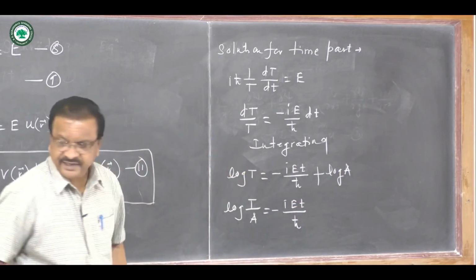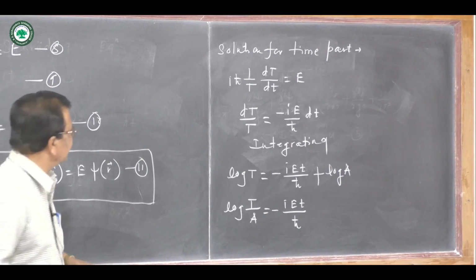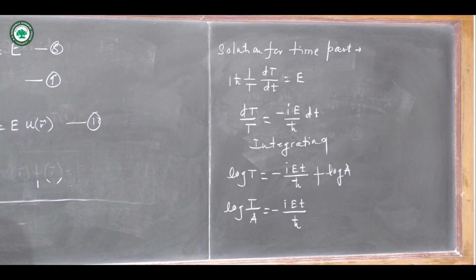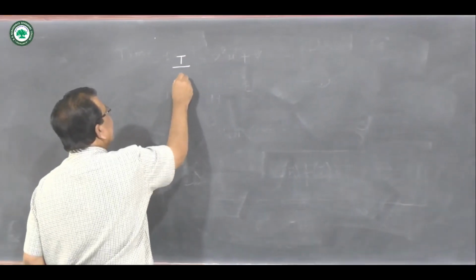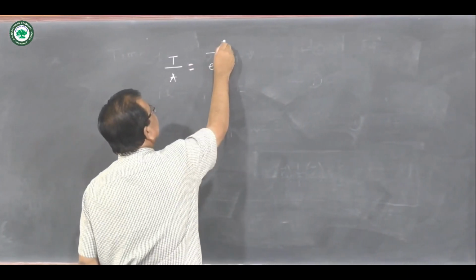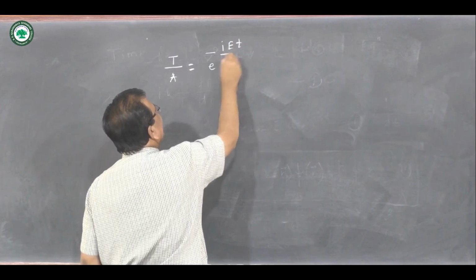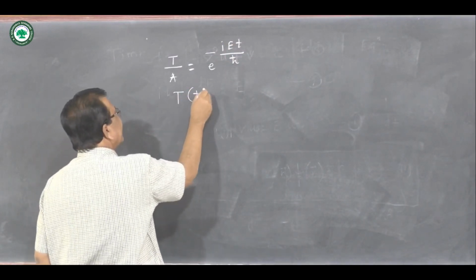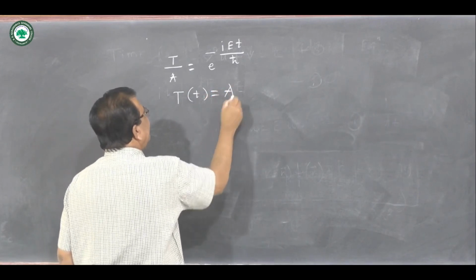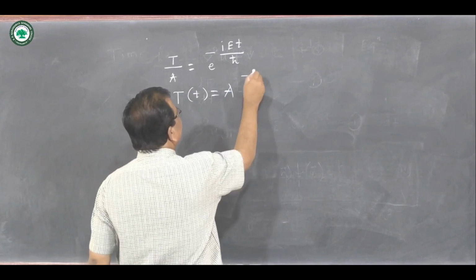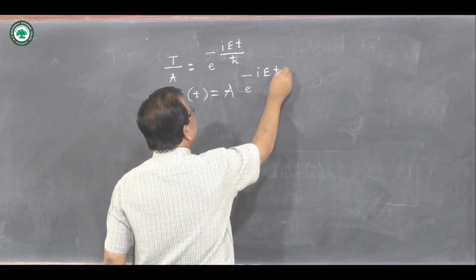And then taking exponentiation of this equation, what I will get is T by A equal to e raised to minus iEt upon h cross, or T, which is a function of time alone, is amplitude A, some constant, times e raised to minus iEt by h cross.